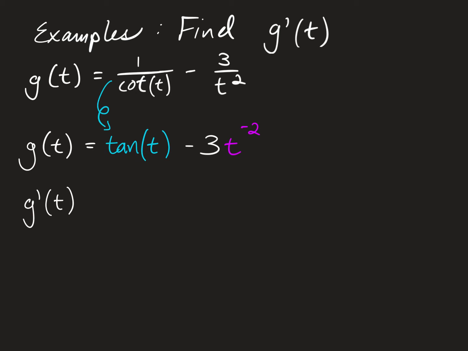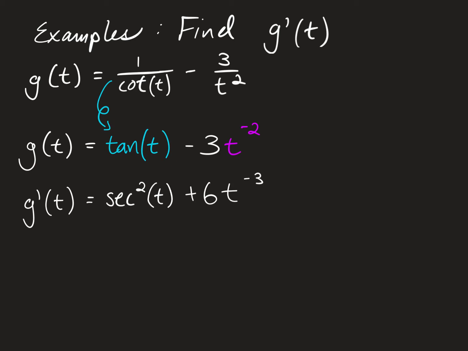And if we take the derivative on the right side of this equation, we will get the derivative of tangent of t is secant squared of t. And then the derivative of -3 times t to the -2nd power will be plus 6t to the -3rd power by the power rule.